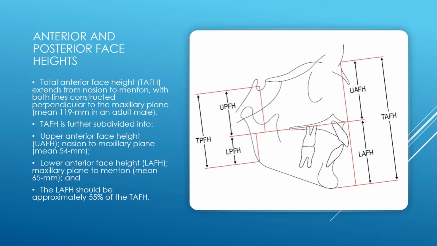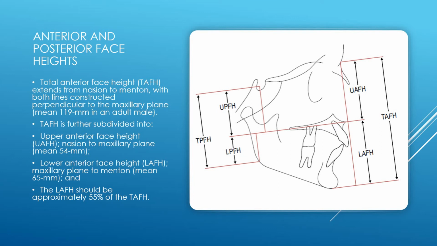It should be noted that total posterior facial height, unlike the total anterior facial height, is influenced by a particularly superior or inferior position of sella, and this will affect the ratio of posterior facial height to the anterior facial height.